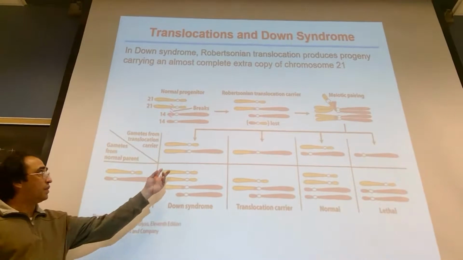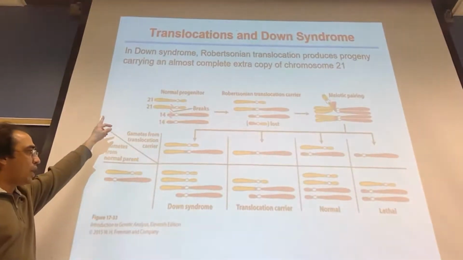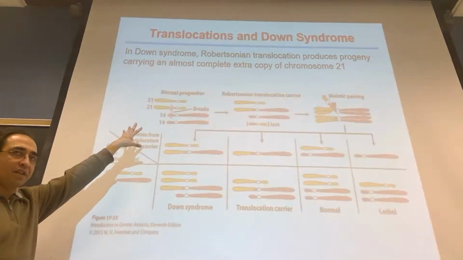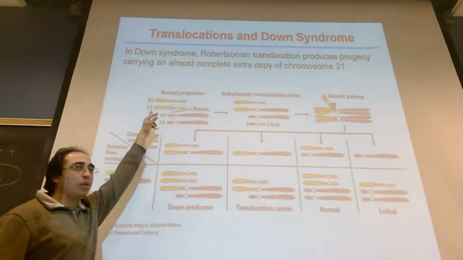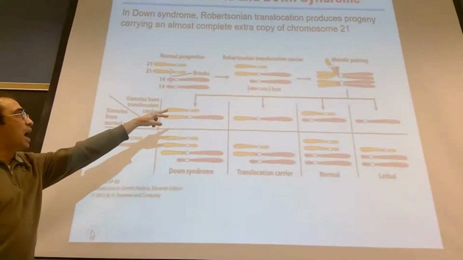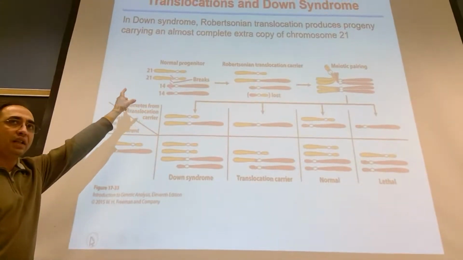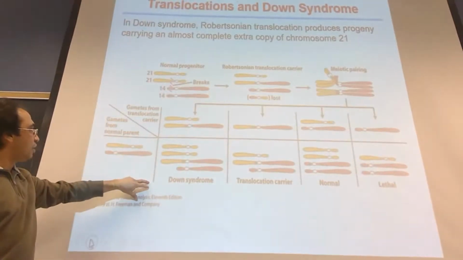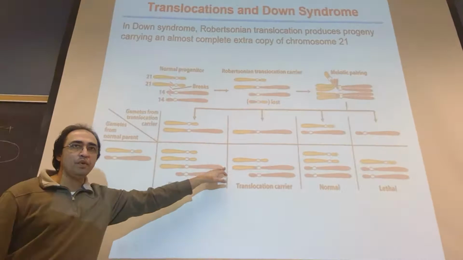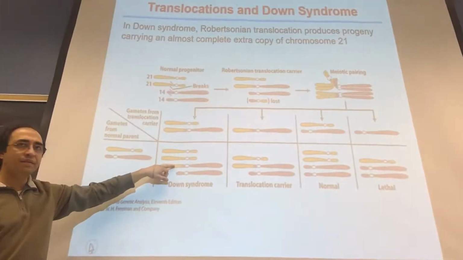Okay, this kind of things. So 14 and 21, these two chromosomes are together. There is a Robertsonian translocation, break in the short arm and one break in the long arm. Break in the 21, the long arm, and in 14 in the short arm. They join together, and in such case, we can have the chromosome 21 in 3 doses.